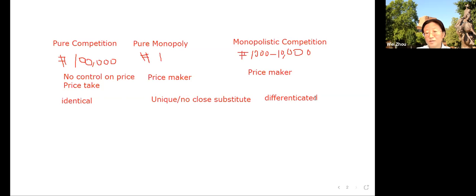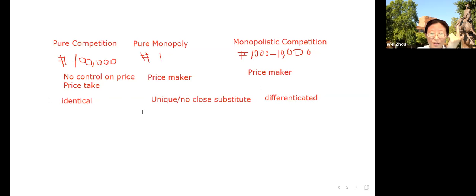Something you can tell the difference. And then when we do that, we kind of have an idea. Pure competition, you have so many firms producing something identical. Pure monopoly, only one firm producing something unique. Monopolistic competition, you have many firms, and you produce something with some difference you can tell.